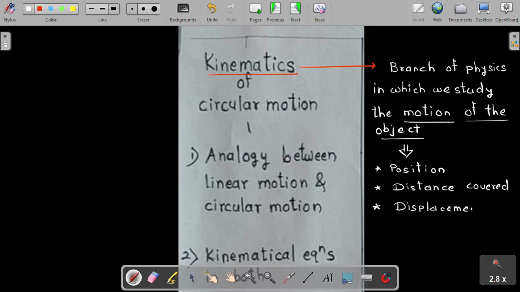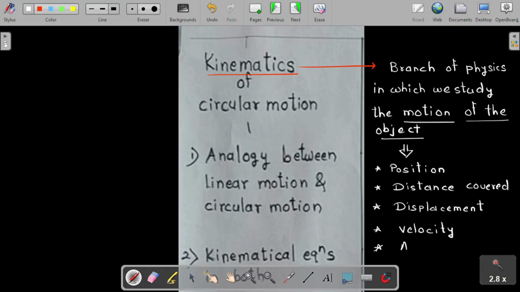That means we are measuring the distance covered along with specifying the direction of motion. Then comes velocity with which the object is performing motion, whether it is a circular motion, a linear motion, or whatever kind of motion. We are studying these basic quantities in there.